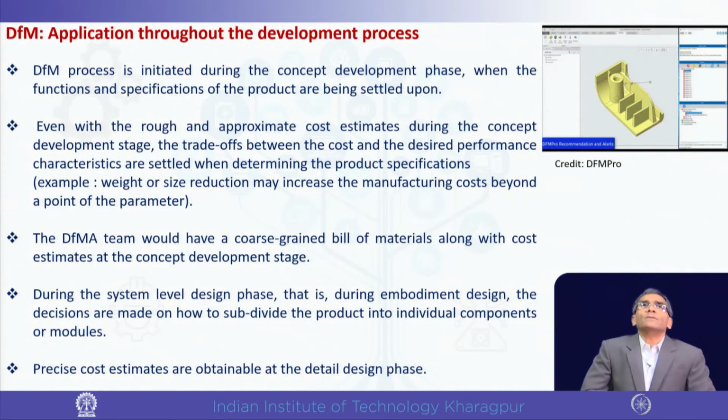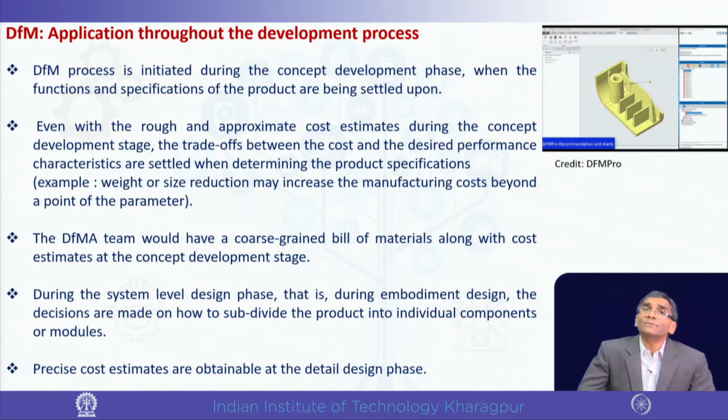Design for manufacturing is applied throughout the development process. I have already dealt with this, and therefore I would just tell you that at the concept generation stage, where it begins, rough and approximate cost estimates are done, but that is a coarse grained estimate, and the bill of materials is also a little coarse grained.